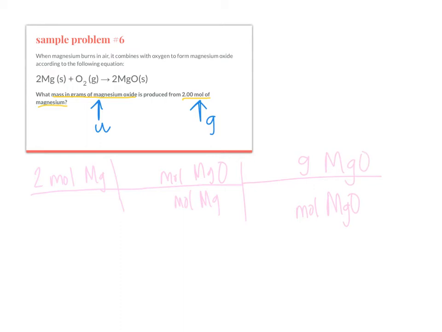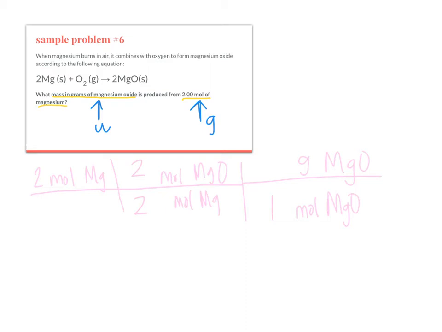So now let's plug in the numbers. Right here, we have to look at the balanced equation. So moles of magnesium, 2 moles. Moles of magnesium oxide, 2. Great. That does reduce to 1 to make your math easier. And then for every 1 mole of magnesium oxide, how many grams do we have?